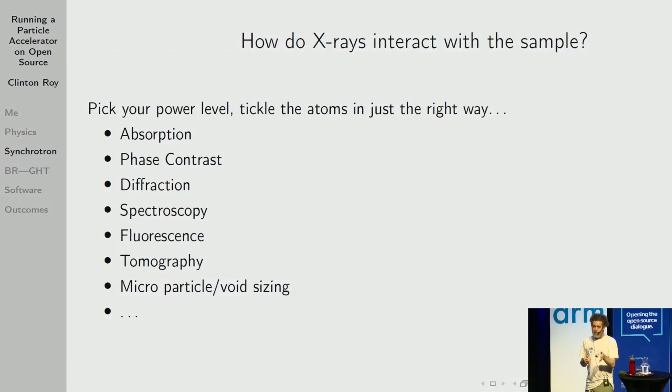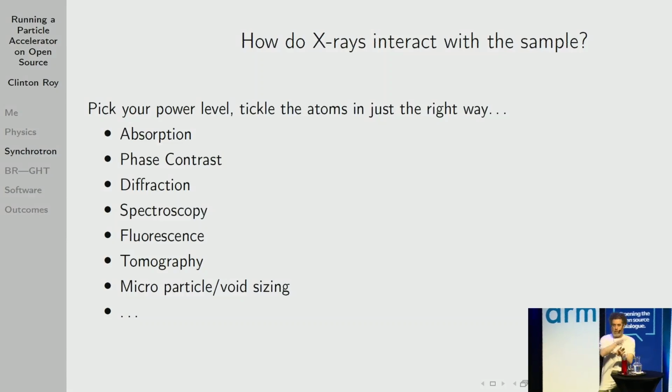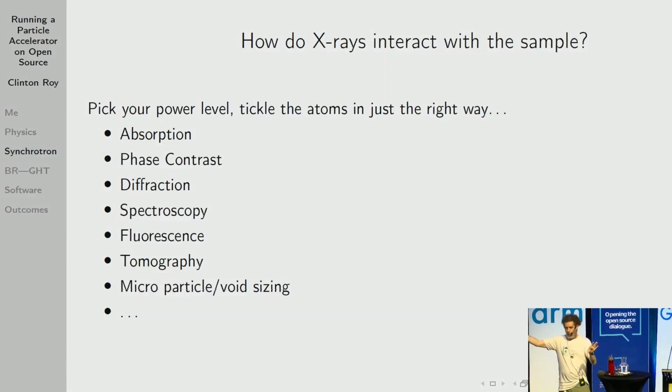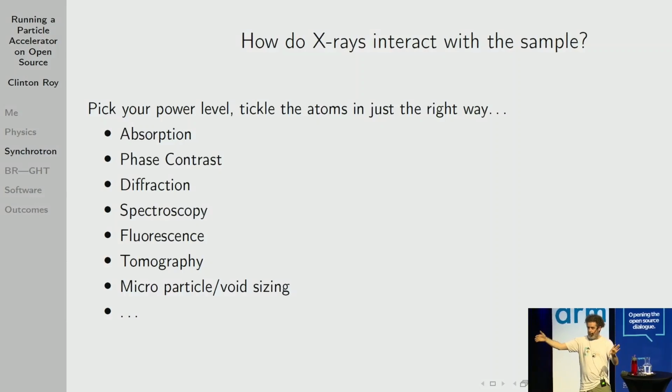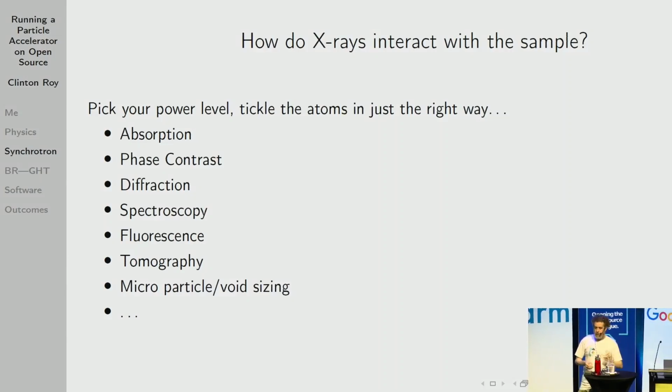What we do with phase contrast is we let the changes in X-rays accumulate over a long distance, like 10 metres or so. Then we have an X-ray detector there. We measure the really tiny changes that the sample has done to the X-rays. Then we use a lot of maths and work out what the actual size of the sample has done to make the deviation to the X-rays. I've got a photo of that.